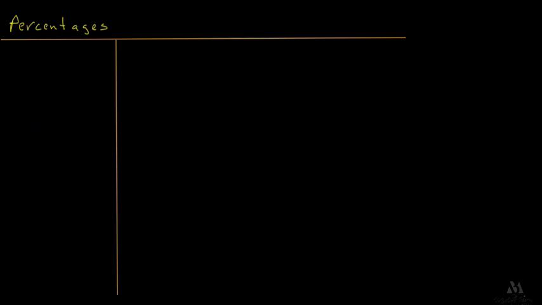Let's look at the percentage of one number over another. Percentage of one number, in this case we'll just say percentage of X over Y. Well, as you probably just figured out when I did that, this is going to be pretty easy.